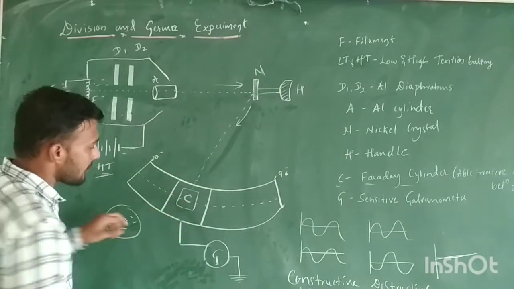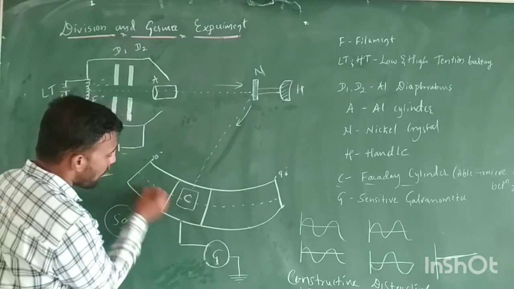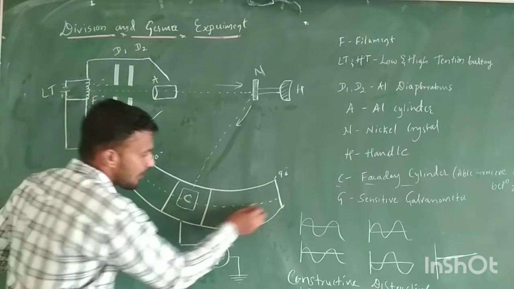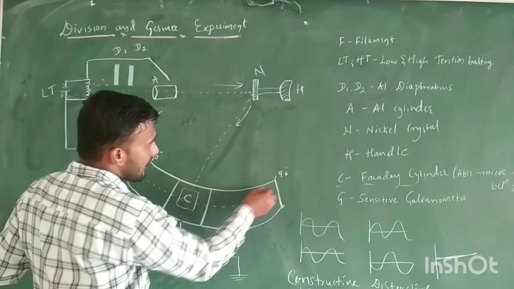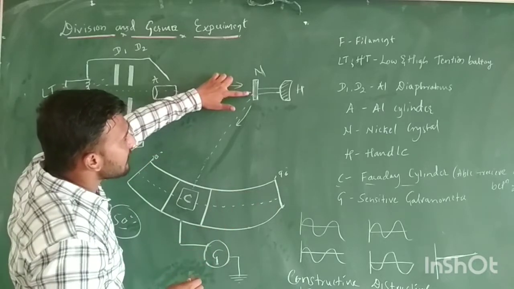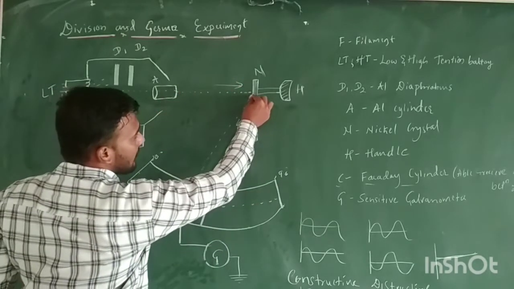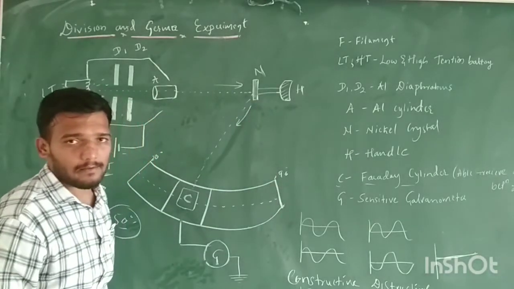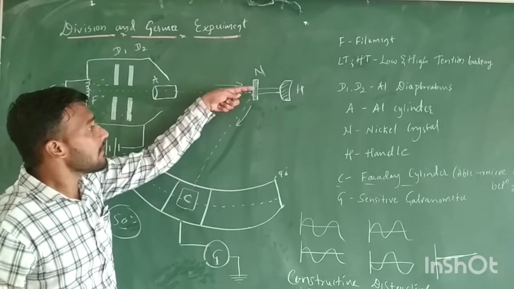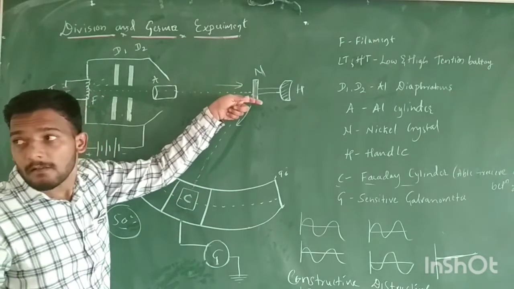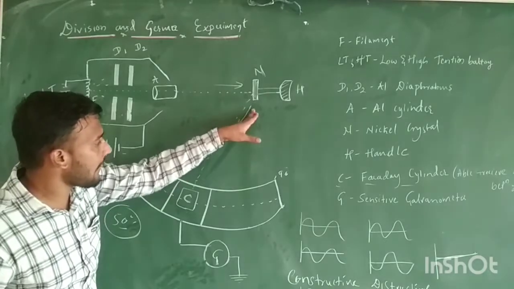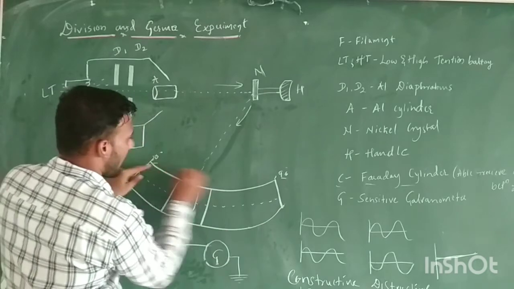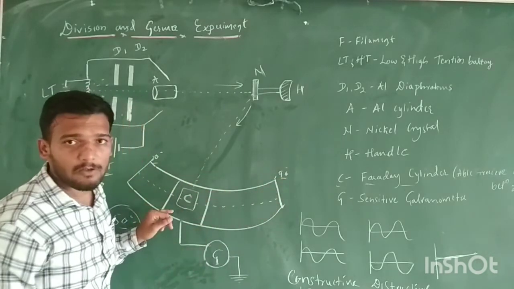This Faraday cylinder has a movable scale and can rotate from 20 degrees to 90 degrees. When the nickel crystal is rotated, the diffraction angle of the diffracted electrons changes. In between 20 degrees and 90 degrees the diffraction takes place.